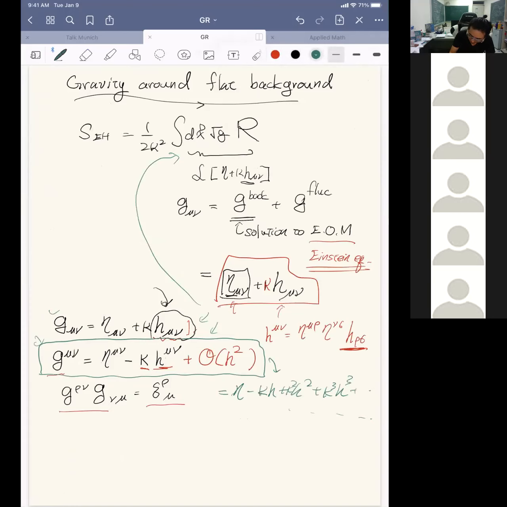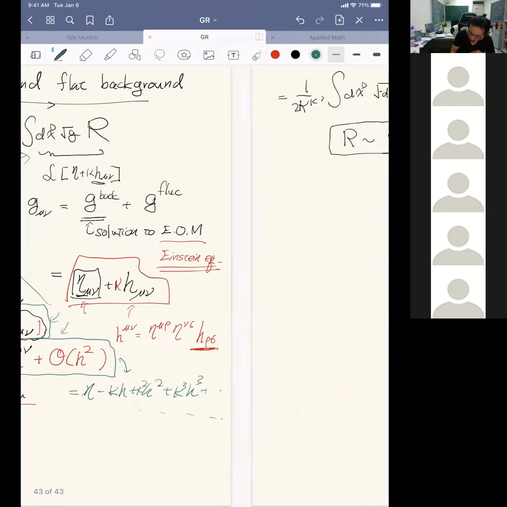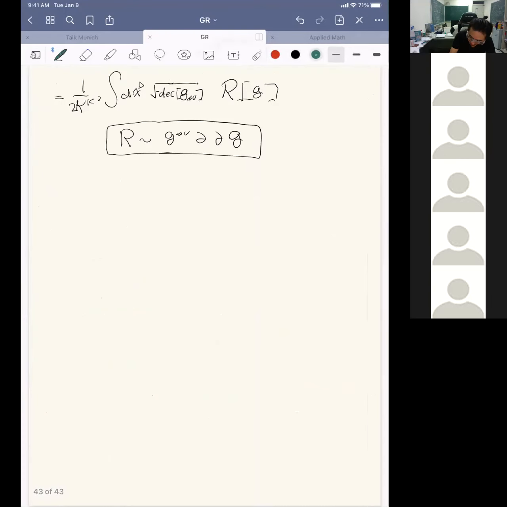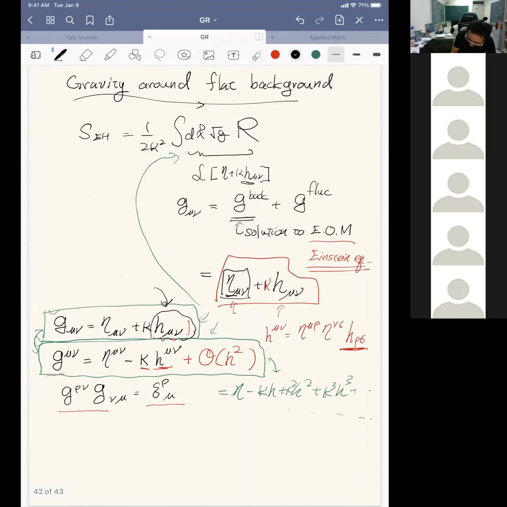Therefore, when you plug these two things into your R in the expansion, at linear order, now you see why I'm putting kappa here.